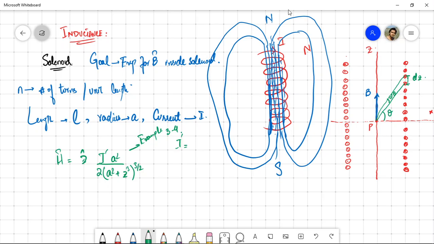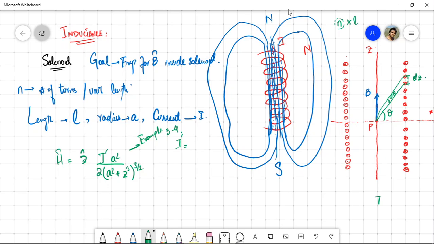So if this is the length and n is the number of turns per unit length, then we can multiply the number of turns per unit length with the length to get the total number of turns, and then we'll multiply the total number of turns with the amount of current that is flowing through each turn.